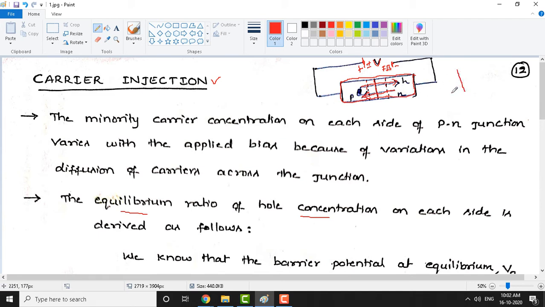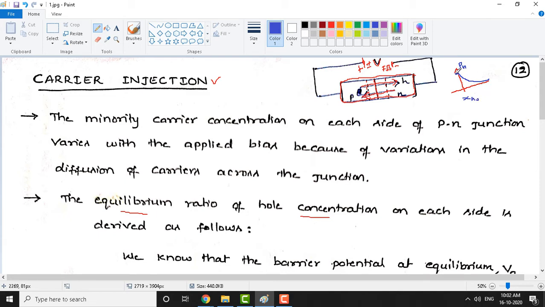On the N side, the graph decreases something like this. So this is the hole concentration on the N side. At the edge of the depletion region, this graph is Pn naught, Pn, because you are applying the forward bias voltage. So Pn means it's holes on the N side. This distance is now xn naught.